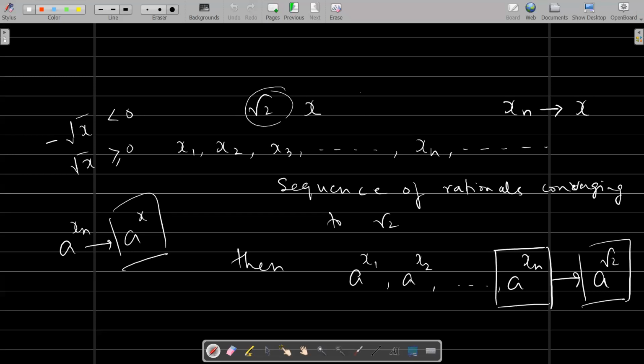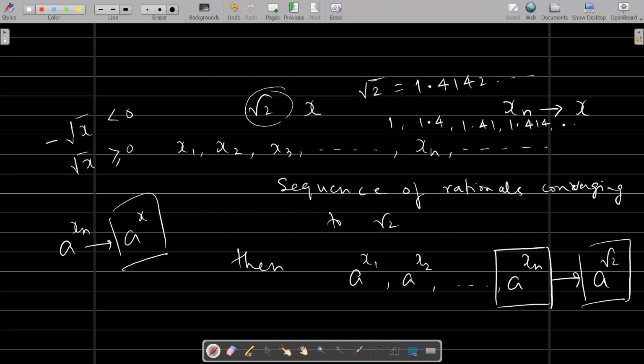For example, root 2, like every irrational, has infinitely many decimals. So it's like 1.4, 1.41, 1.414 and so on. I can take x1 as 1, x2 as 1.4, x3 as 1.41, and gradually go on increasing one decimal at every step.